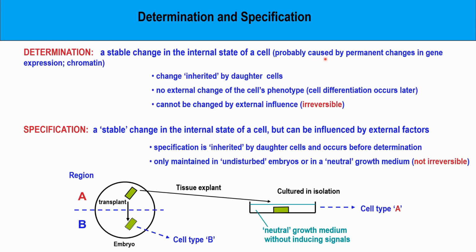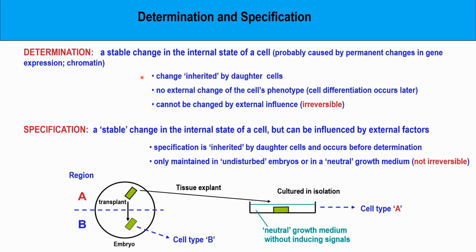This is most likely caused by permanent changes in gene expression or chromatin modeling. We haven't discussed chromatin modeling much, but it's adjustments to the structure of the DNA in a way to make the genes more accessible or less accessible to transcription. So it's again a form of gene regulation.